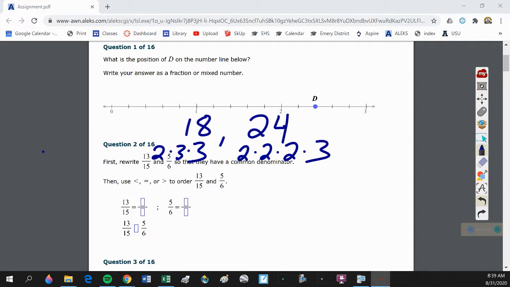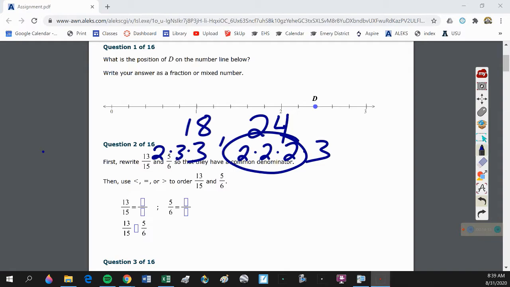I need 3 2's. Why not 4? Would 4 work as a common multiple? 4 2's? Yeah, it would. But it's extra. I don't need it. Okay. And then how many 3's does my common multiple have to have?